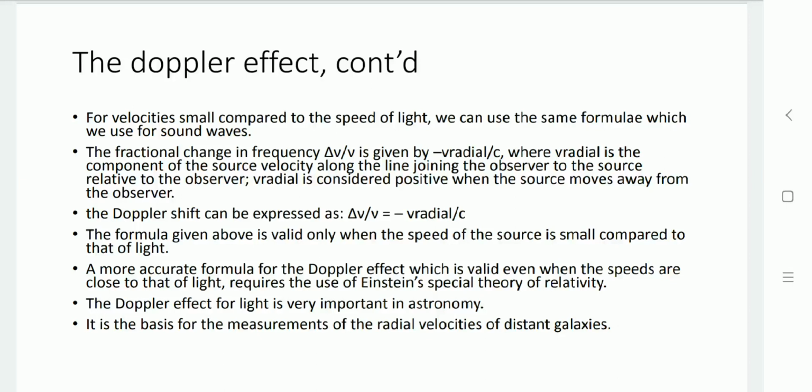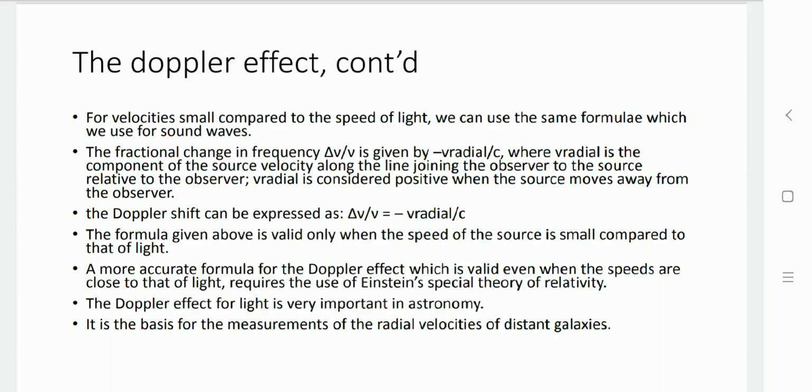And v radial is considered positive when the source is moving away from the observer. So the Doppler shift can be defined as delta v by v equal to minus v radial by c.